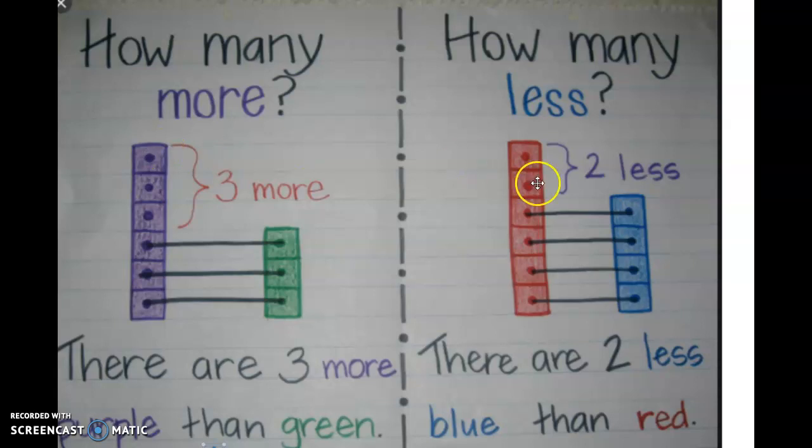All right, over here at the red and the blue, the red has 2 more than the blue, or you could say there are 2 less blue than there are red. Okay, so you can look at it as more or less. More is greater, less, fewer, smaller amounts.